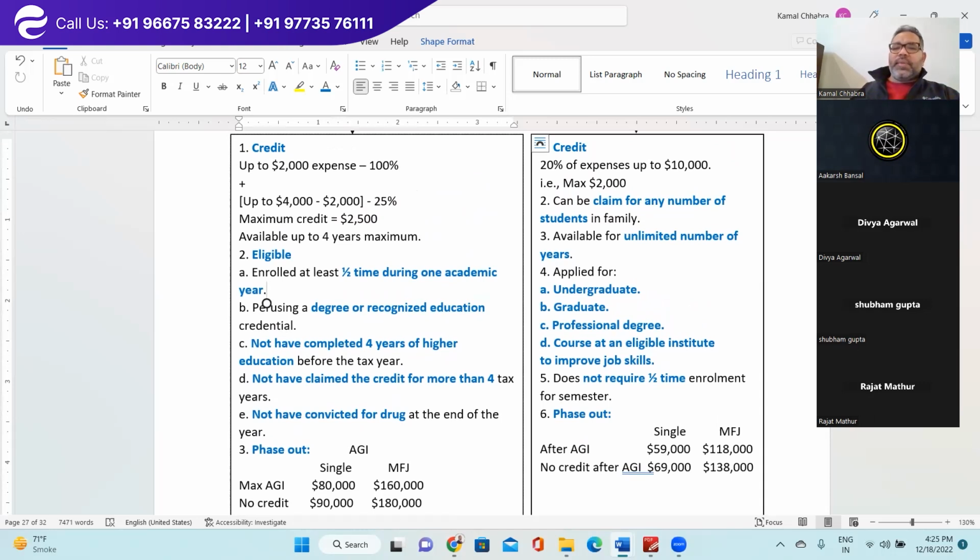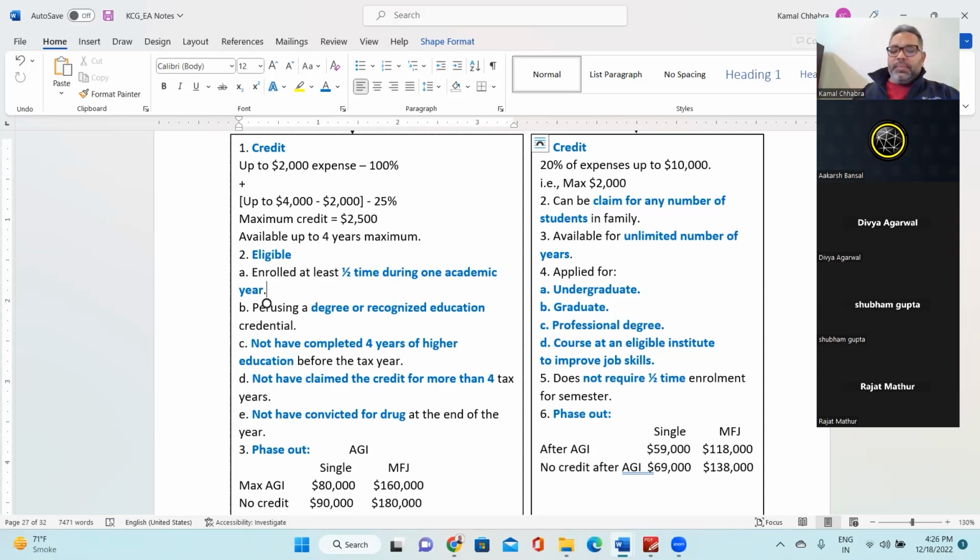So 20% of the expenses up to $10,000. For example, if you have incurred, let's say, $7,000 for the study of one of your kids, right? So 7,000 multiplied by 20%, that means $1,400 is allowed each year for each kid, and even for your spouse and yourself, right?